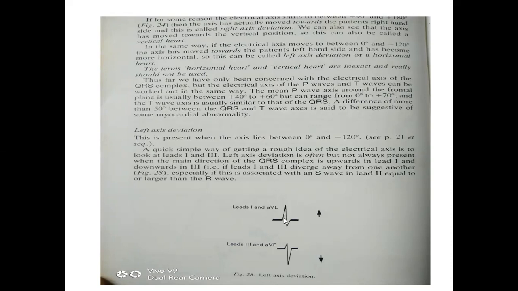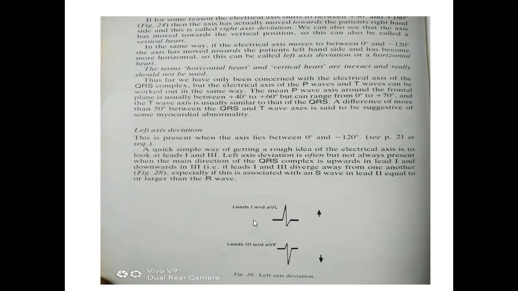Sir, please repeat. Why is this left axis? Pay attention here. In lead 1, the positive deflection is bigger and the negative deflection is smaller. In lead 3, the positive deflection is smaller and the negative deflection is deeper.